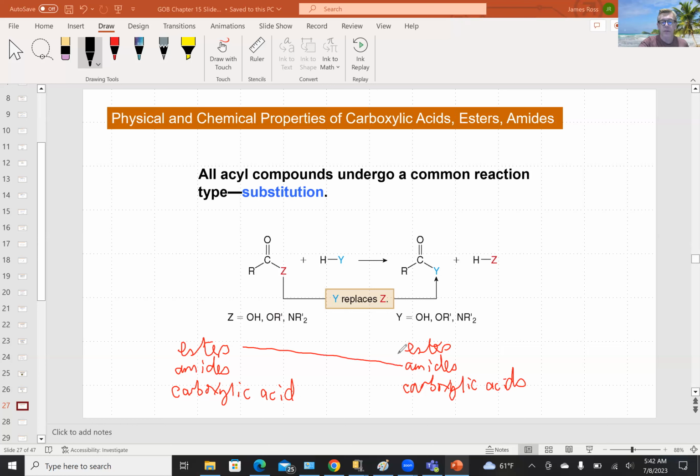Esters can be converted to the other two. Amides can be converted to the other two. Carboxylic acids can be converted to the other two. That's what the slide is saying.